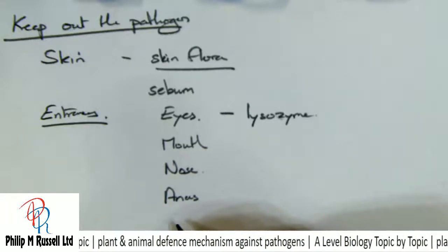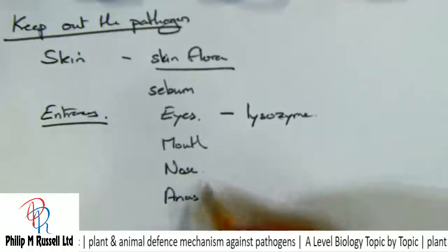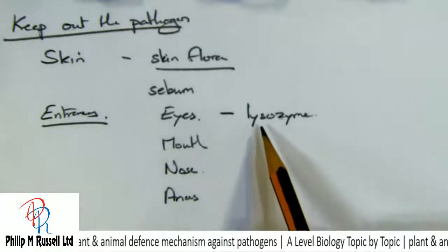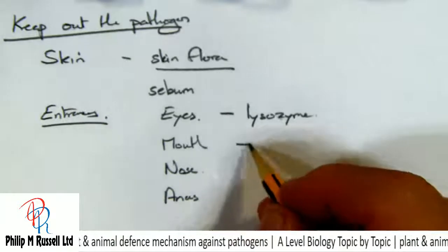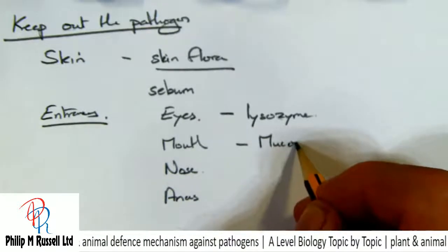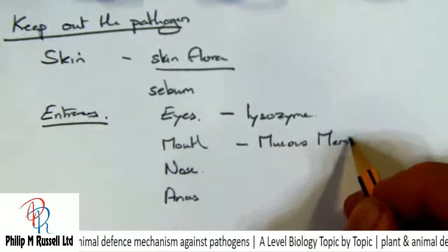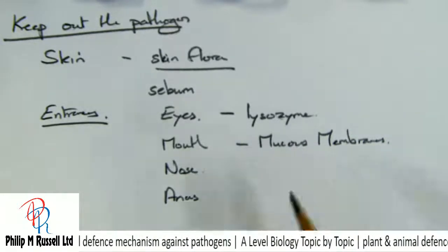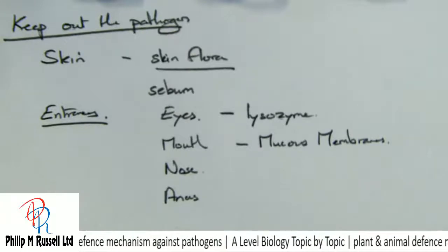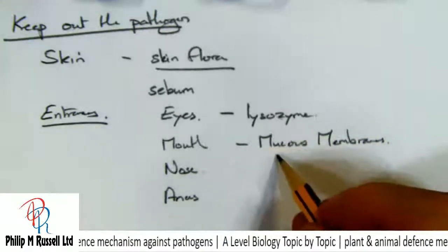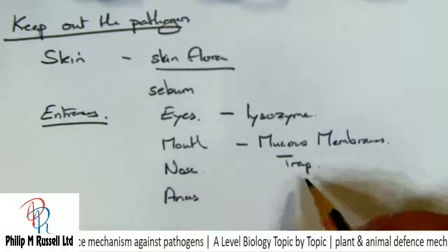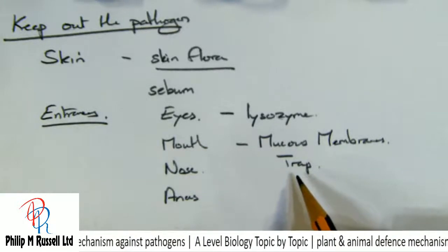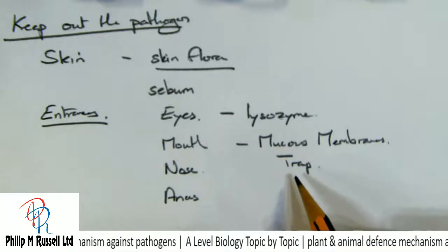So what have we got to try and deal with these? Well, basically mucous membranes. We've got sticky mucus. This will simply trap bacteria, and in the mouth and the nose they're basically on their way down to the stomach.